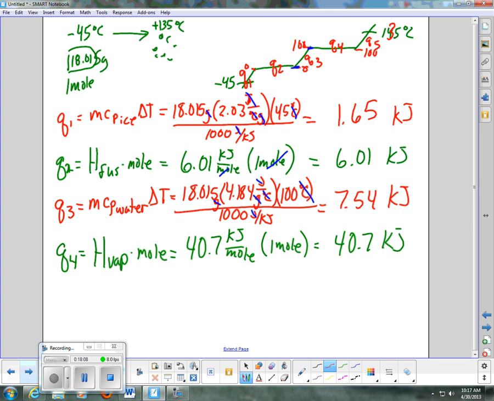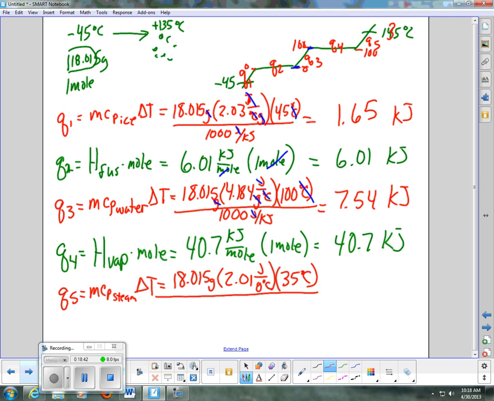And the last one, Q5, what equation do I use here? M C_P steam or vapor times delta T. Plugging in what we have, 18.015 grams. What was the C_P for steam? 2.01 joules per gram degree Celsius times, what's my change in temperature? 35, good.